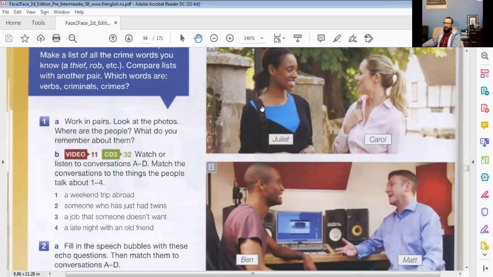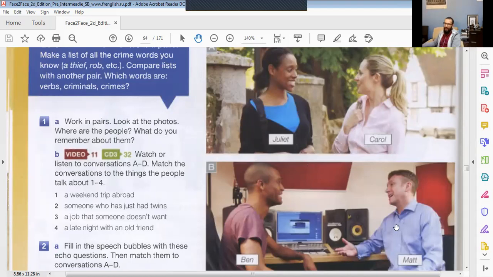But do you remember who invited who? Carol and Juliet. Maybe Carol invited Juliet. Okay, it doesn't matter really, but I think you're right. Carol is the one who invited Juliet.